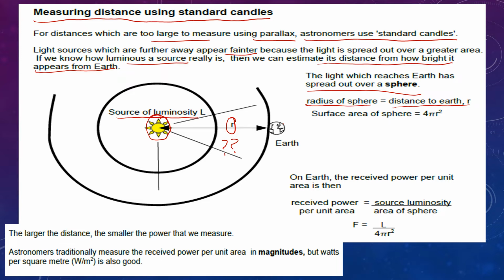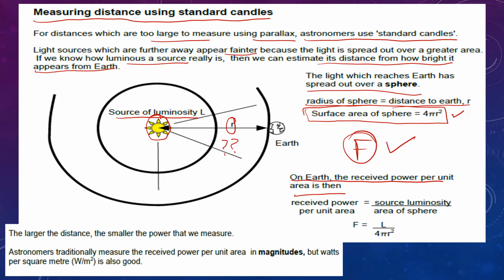The light has spread over a sphere with surface area 4 pi r square. On Earth we have to measure the received power. We can measure that by using an instrument to measure the intensity of light reaching us, which is F. So we can measure F.